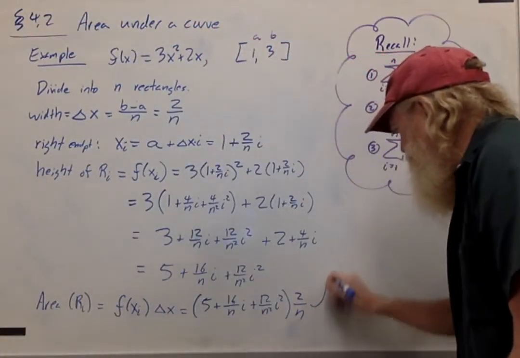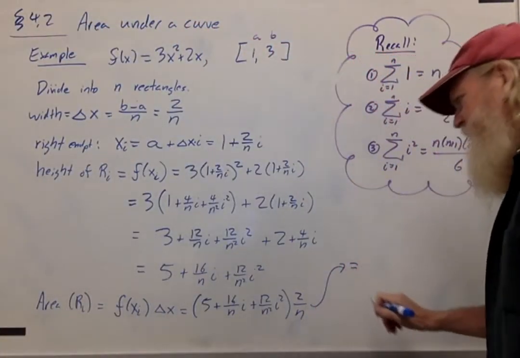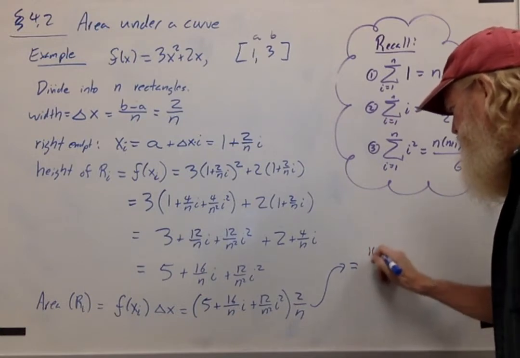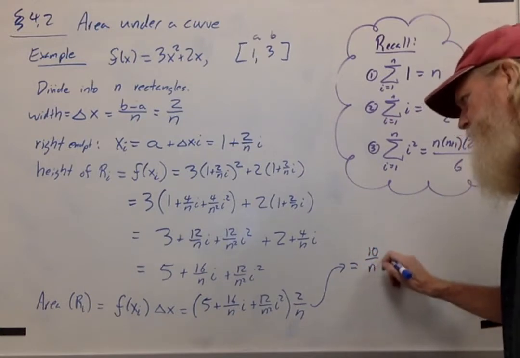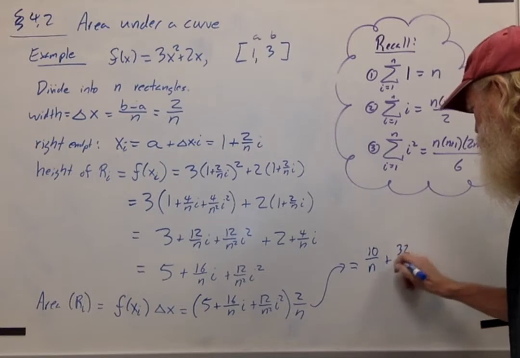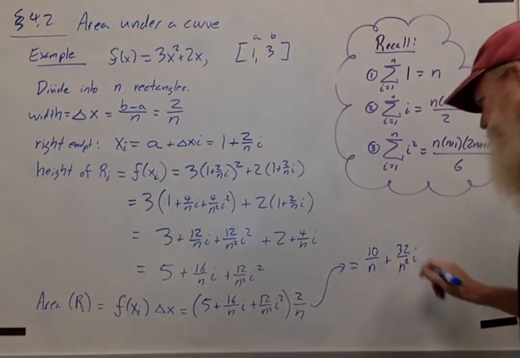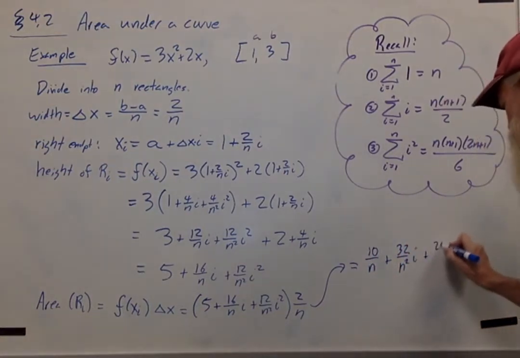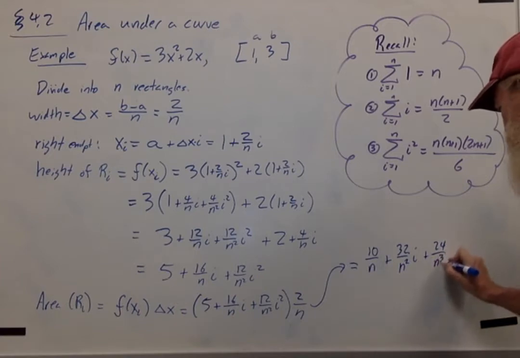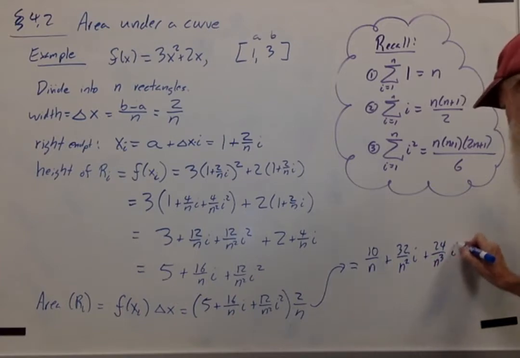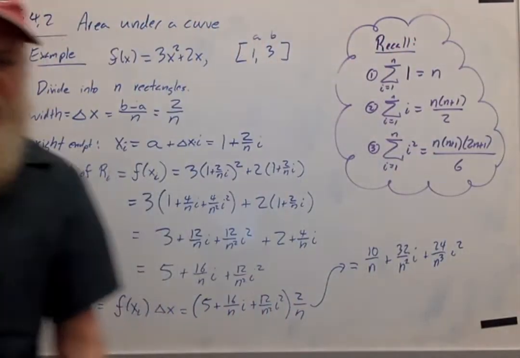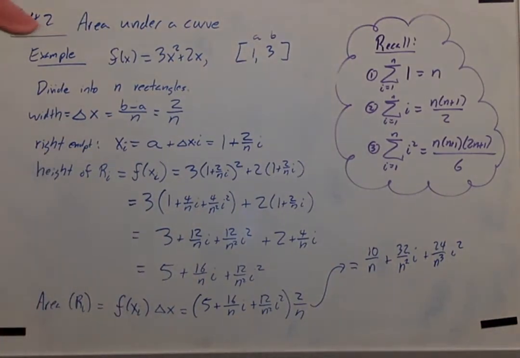I'll go ahead and expand that over here. That's equal to 10 over n plus 32 over n squared i plus 24 over n cubed i squared. And that represents the area of exactly one rectangle.